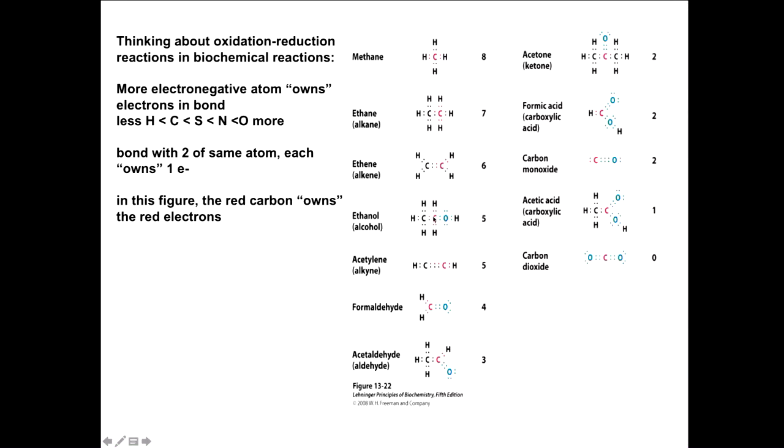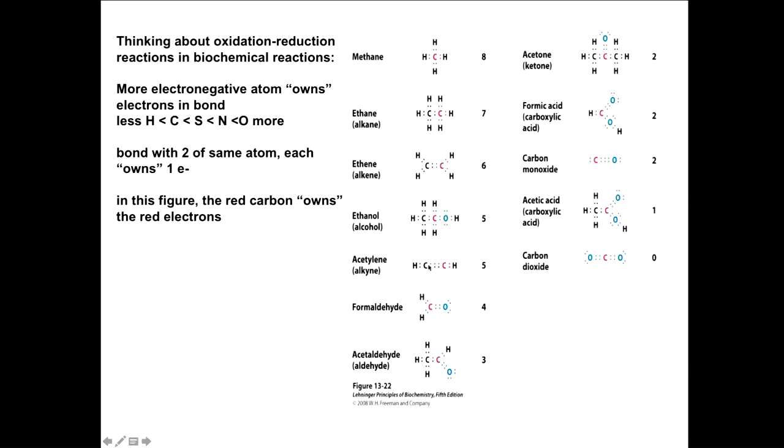And then now we're going to start bringing in some oxygen. Oxygen over here is more electronegative, so it's going to own the electrons, while the carbon still owns the electrons when it's bonded with hydrogen. It's going to own 1 from the other carbon, but it's not going to own any with the oxygen. So now we're down to 5. You can continue on with that.